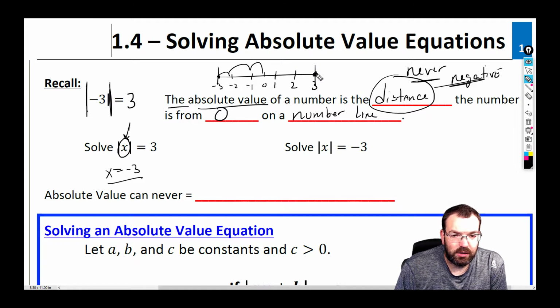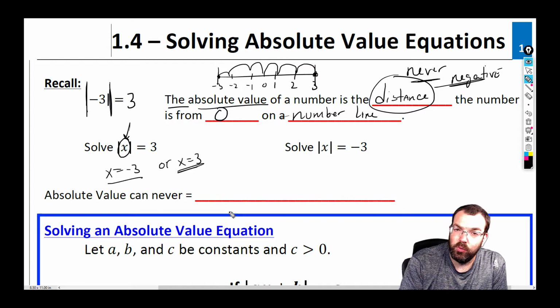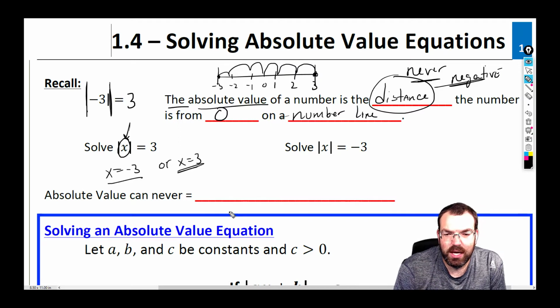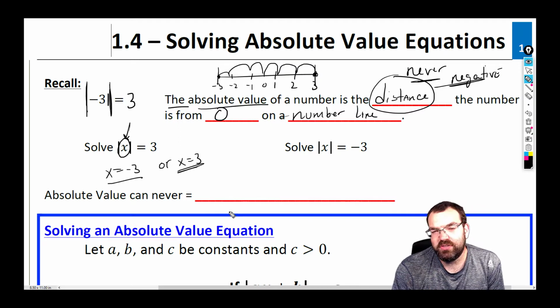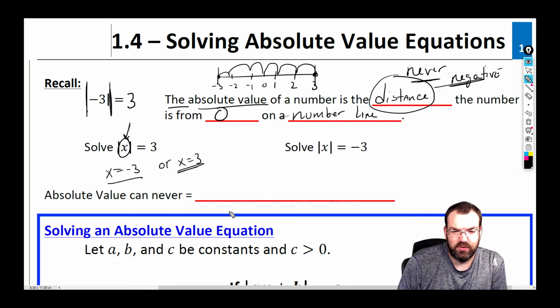If I'm here, how far is +3 away from 0? 1, 2, 3. So +3 is also 3 away, so x can be -3 or x can be +3. So you get two answers from these equations. Not always, but the majority of the time you get two. Sometimes you get one, and sometimes you get none. And we'll get to those examples and how we can figure that out.